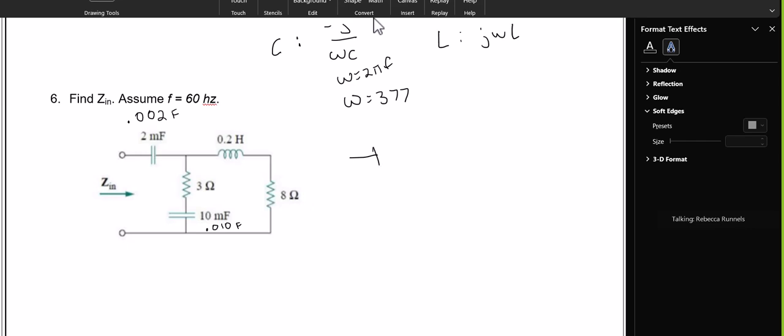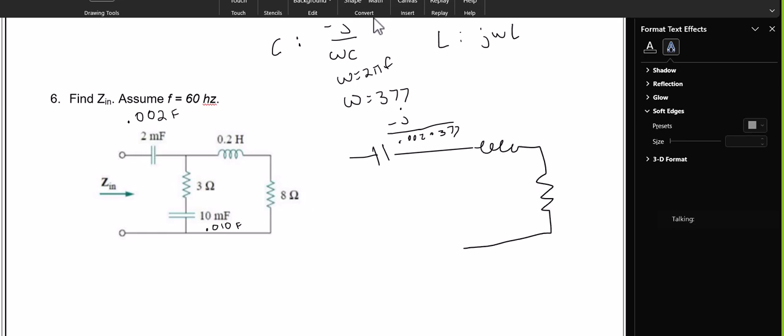And so this is minus J over 0.002 times 377. This one is minus J over 0.01 times 377. The resistor stays nicely as 3 and 8. And this is going to be 0.2 times 377 J.